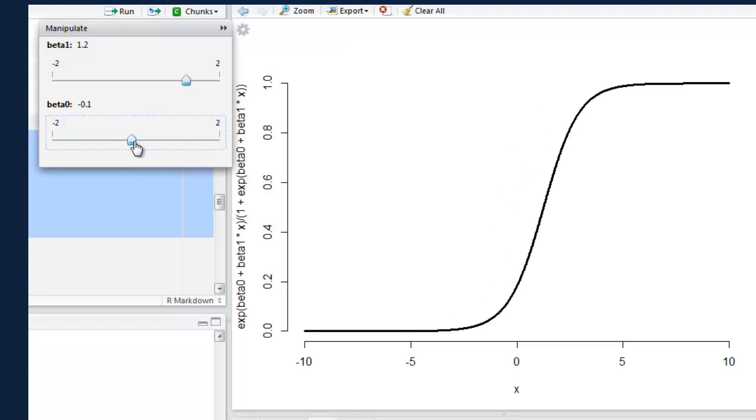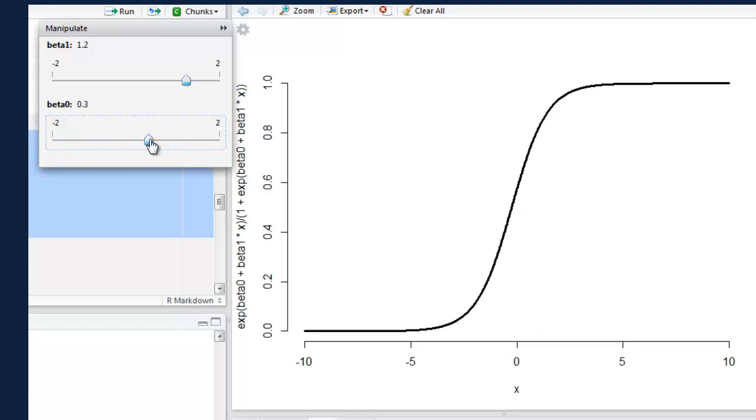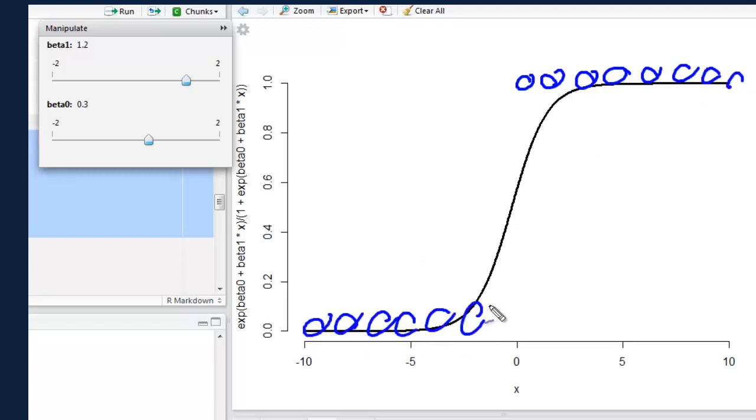Now, the way to think about what's going on here is that for different values of x, we have y's that are 0 or 1. So you can think of this as the ideal case, where you had a bunch of zeros for x's at this value, and then it went up to 1 at this value.